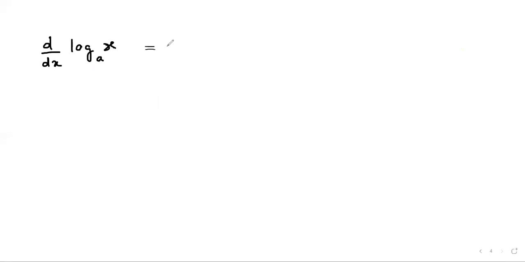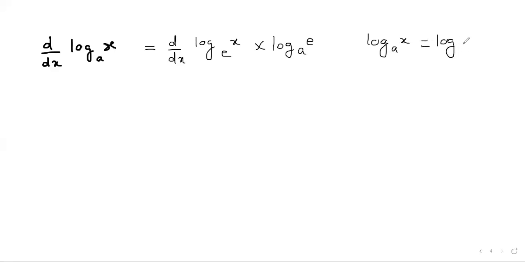So for that we can write it as d upon dx of log x base e times log e base a. Conversion is log x base a equal to log x base e times log e base a.